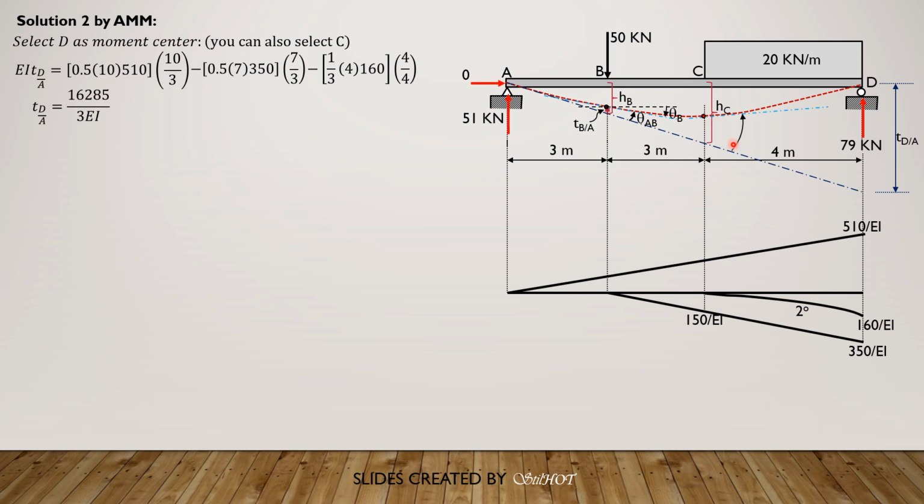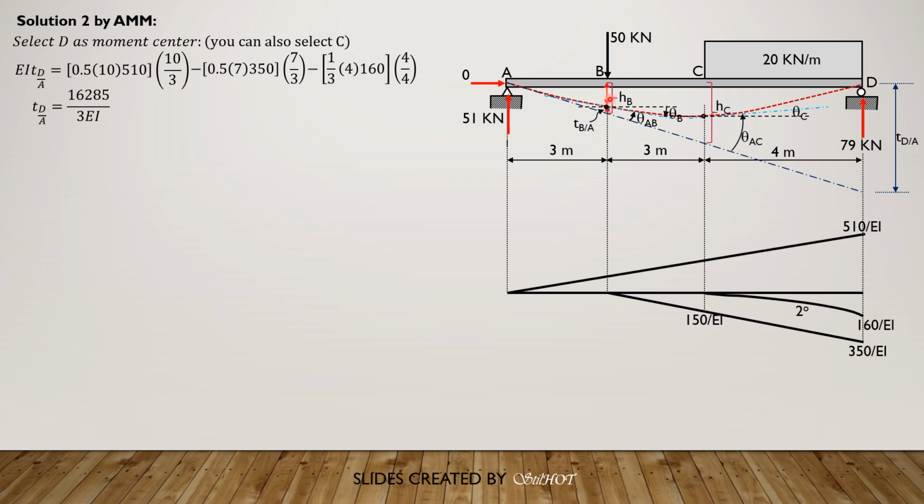And this is the tangent at C. From the tangent at A to the tangent at C, the rotation is counterclockwise, so of course it is expected positive. It is equal to the area between A and C. Then the horizontal line through the point on the elastic curve at C: if the rotation from this horizontal line to the tangent at C is counterclockwise, then theta C is expected positive.